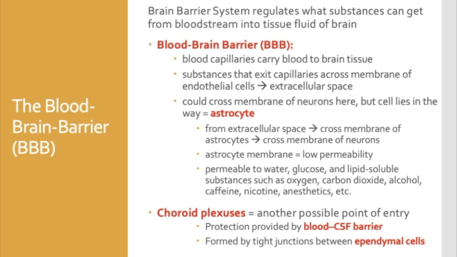Now, there is one other barrier we need to be familiar with, and it's the blood CSF barrier, the barrier between the bloodstream and the cerebrospinal fluid that the brain is bathed in. Remember the choroid plexuses. This is another possible point of entry into the brain.